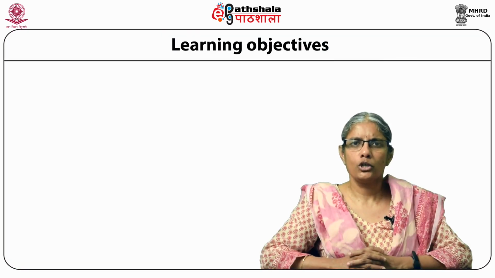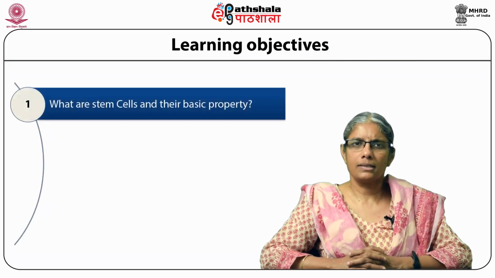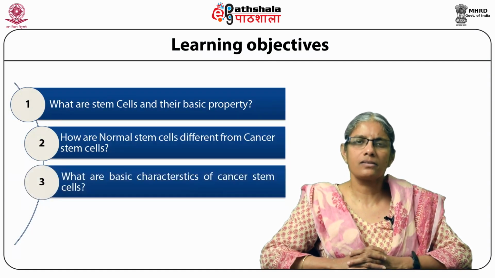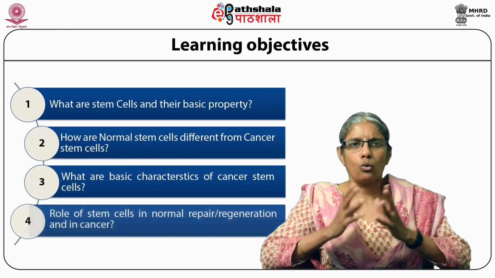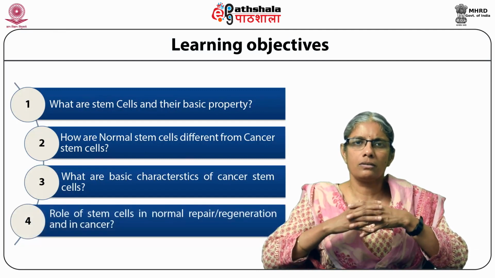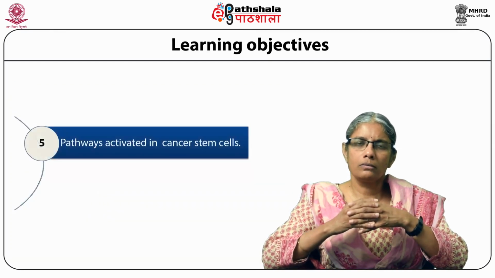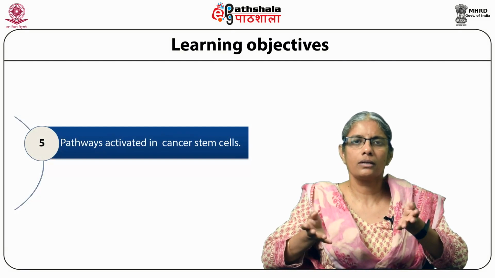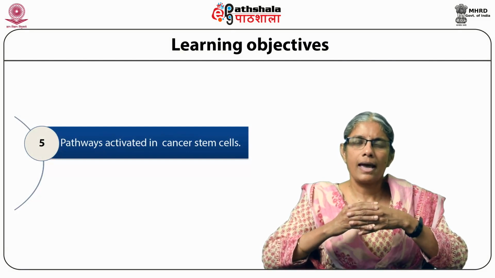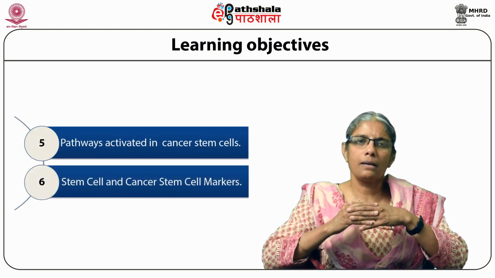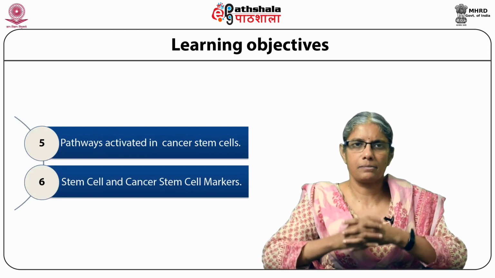After completing this module, you should be able to understand what the stem cells are, what are their basic properties, how the normal stem cell differentiates from a cancer stem cell, what are the basic characteristics of a cancer stem cell, the role of stem cells in normal regeneration and in the process of cancer, the pathways which are common and how they get deregulated during development towards the cancer stem cells, and briefly the module will also cover parts on the markers which can help in distinguishing a stem cell and a cancer stem cell.